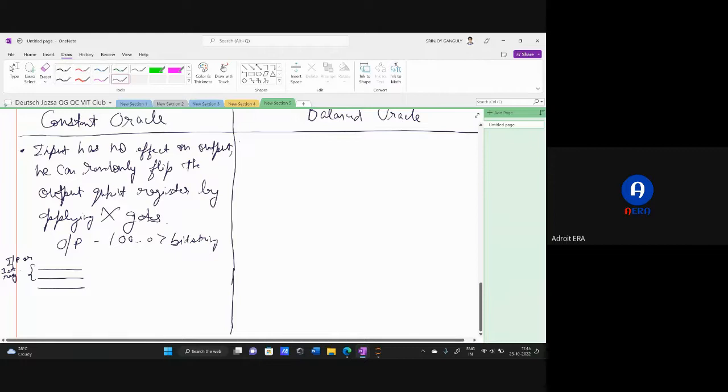And this last one is called the output or second register, which is always a single qubit.